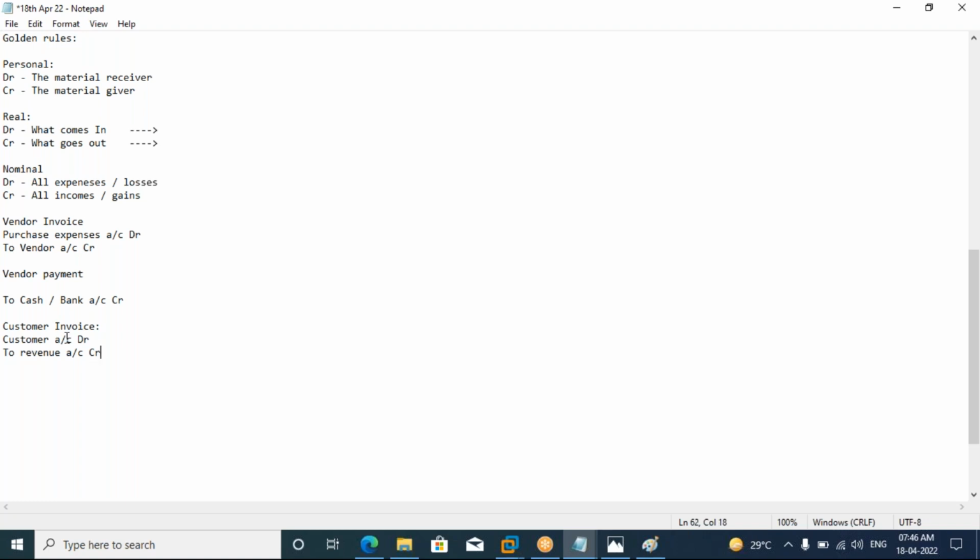How is it? Actually here the material receiver, who is receiving material? The customer. The material receiver is customer account debit to revenue account credit, which means incomes and gains are credit.